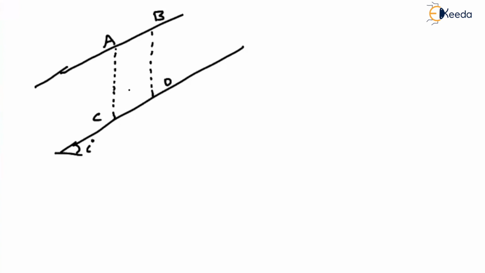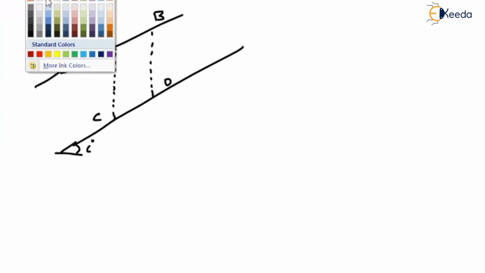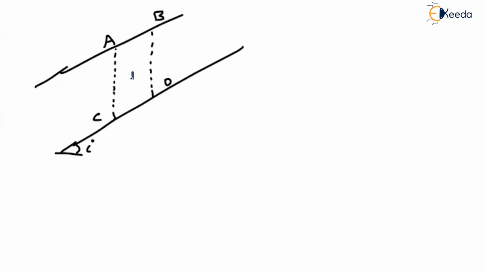That will act truly along the vertical direction. Sorry, I'm unable to represent an exact vertical line. Let me change some color here. So this is the self weight W that will always act truly along the vertical direction.